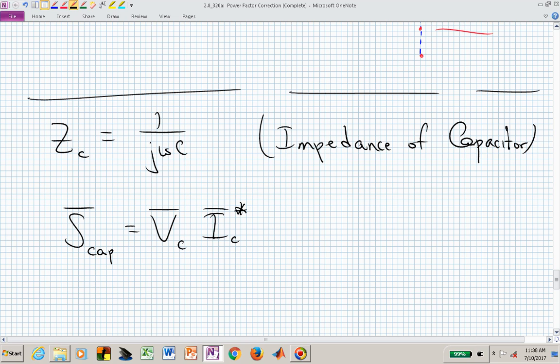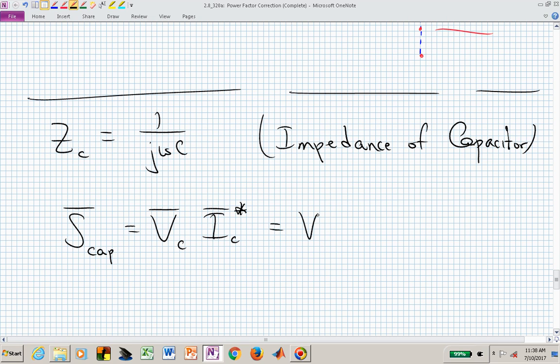What do we know? Well, we're demanding 500 volts for the loads, and so we know V sub C. We can write this now in terms of our formulas for voltage and impedance to give us our complex power.